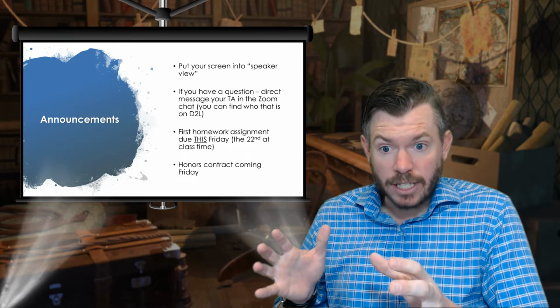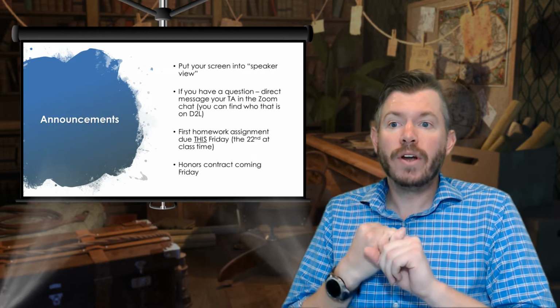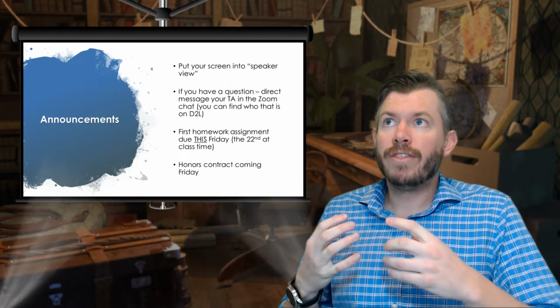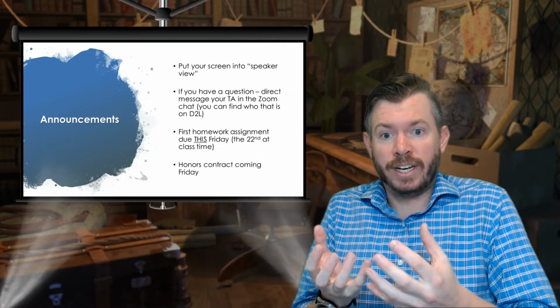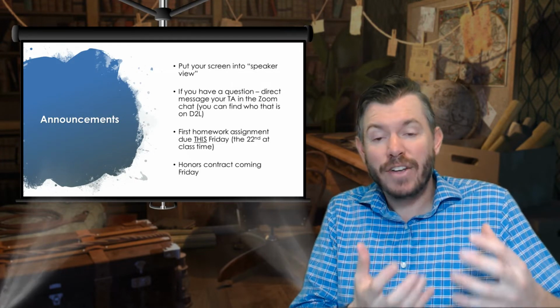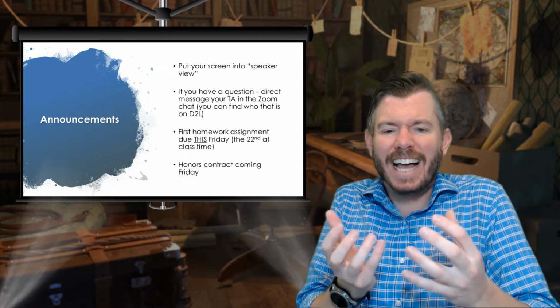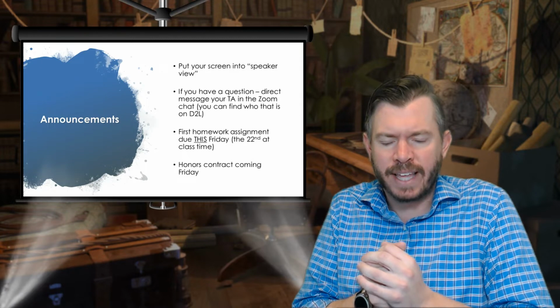In terms of new announcements, your first homework assignment is due this Friday. We are going to close today with an introduction to the historical context of the texts that you're going to be reading for Friday, so you have a basic idea of what's going on when you read these things.